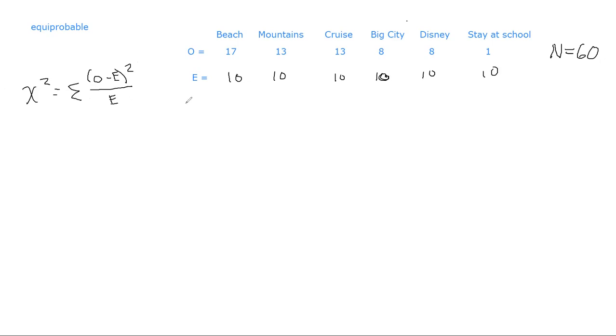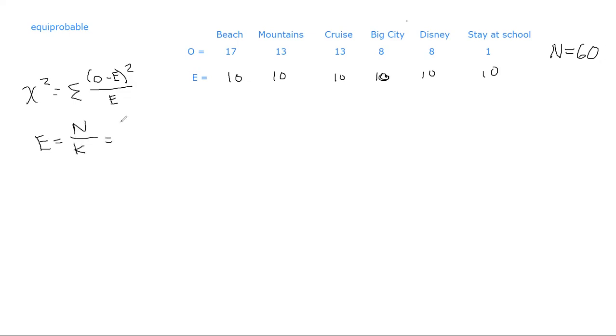Calculating the expected is pretty straightforward in this example, but I like to have a little formula. The expected equals n divided by k.